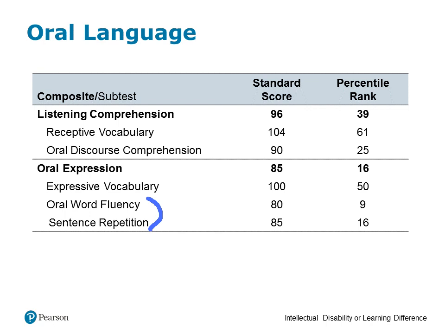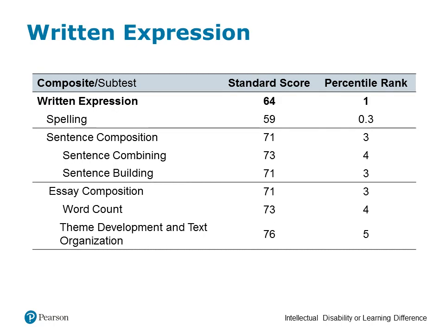And one of the things I want to point out for both of these two subtests is that both have that working memory demand, which I think we'll see later on is going to be important for Aaron. When we look at written expression, and certainly when you think about writing, writing starts off with basic scribbling, and then the child is able to form true letters, and then they're able to put letters together to make words, and put words together to make sentences, and so on.